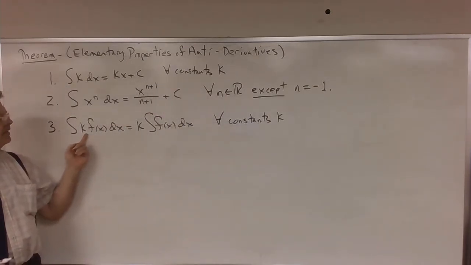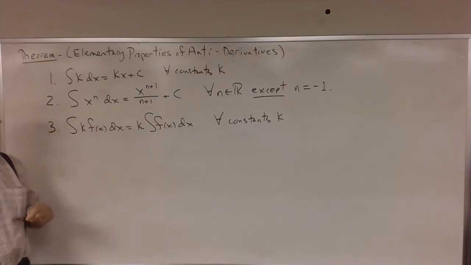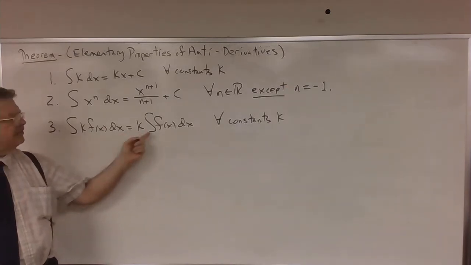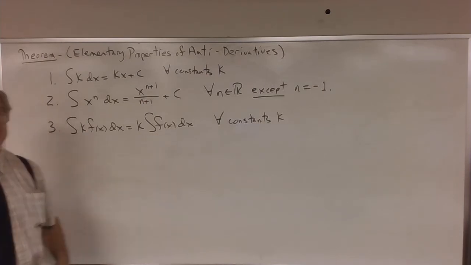The antiderivative of a constant times a function equals the constant times the antiderivative of the function.